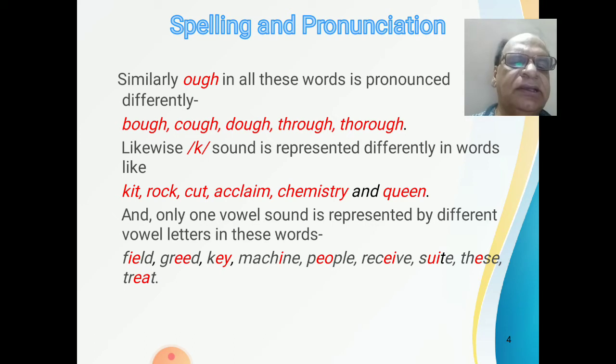Key, E and Y have one sound, E. Machine, I. People, E and O represents E sound. Receive, again E and I, E sound. Sweet, W and EE. These, E. And treat, E and A will represent this sound, E sound. So you can see different letters representing only one sound.